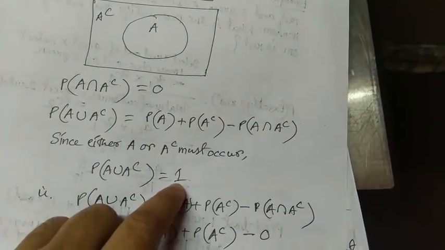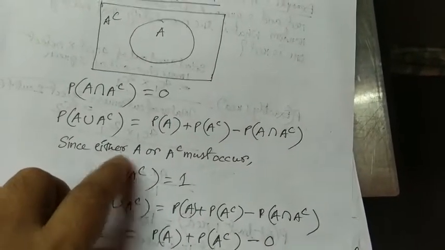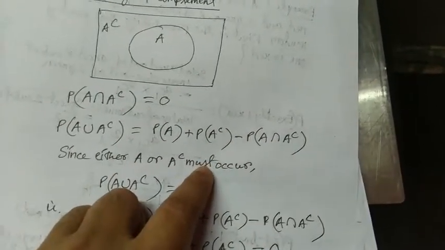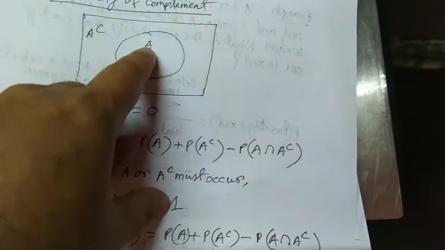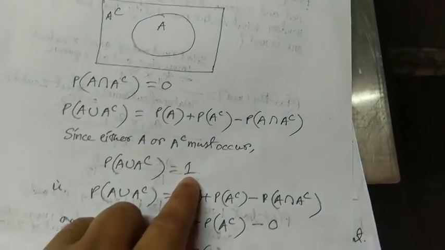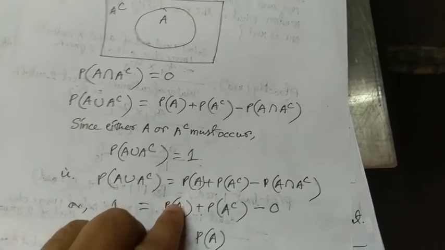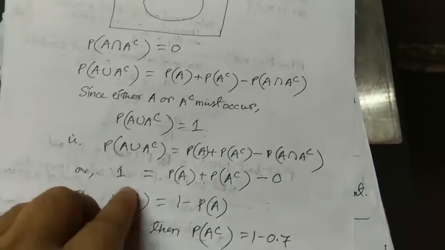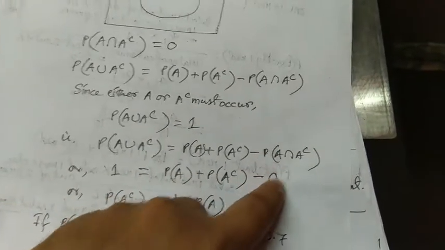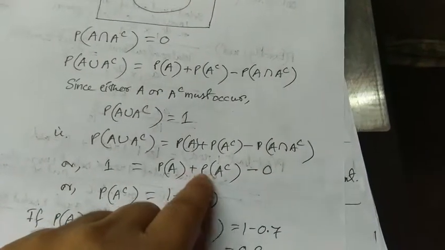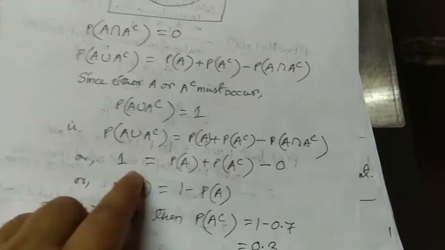So the total probability is 1, because since either A or AC must occur, you can get either this one or this one. So in that case the total probability is obviously 1, and you already know this one is 0. So probability of A plus probability of AC is 1.